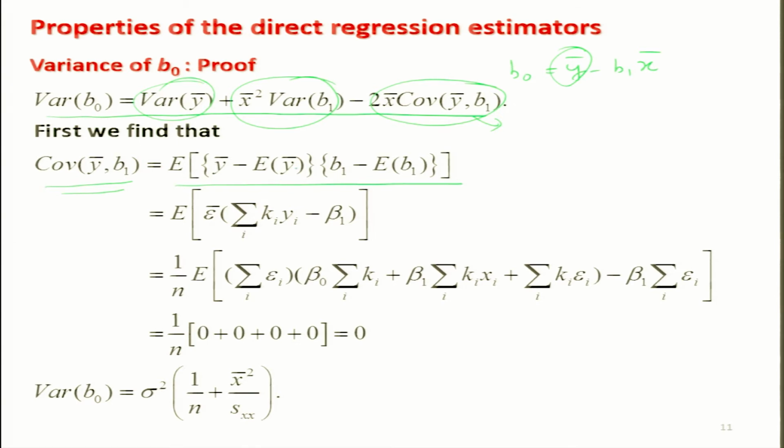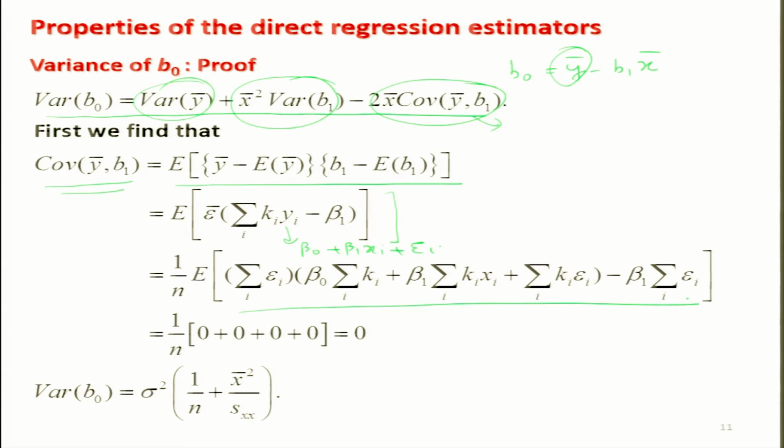If you try to substitute the value of y bar and the expected value of y bar, and B1 minus expected value of B1, you can simplify this expression to this. To make it simpler, I will ask you to substitute the value of yi as beta0 plus beta1 xi plus epsilon_i, and simplify it.